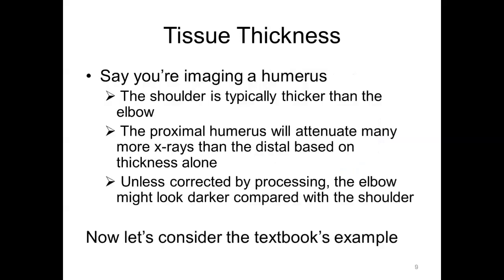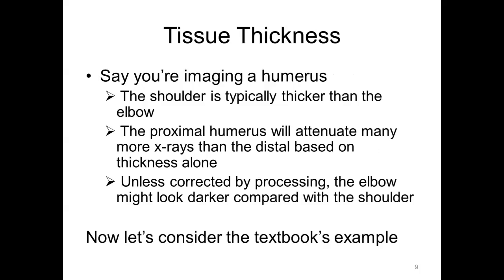How does this affect your image? Well, let's think about an exam that we might do from time to time, a humerus. Your average patient's shoulder is typically thicker than their elbow. So the proximal humerus, where the shoulder is, is going to attenuate many more x-rays than the distal humerus based on thickness alone. And a lot of times our computer processing is going to clean this up.